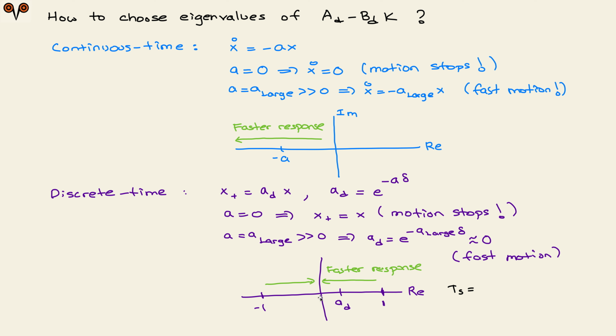So here I am plotting this with respect to AD, and when A equals 0, it corresponds to AD being 1. And when A is large, e to the power of minus A, large, becomes 0. So this Euler number approaches approximately 0.